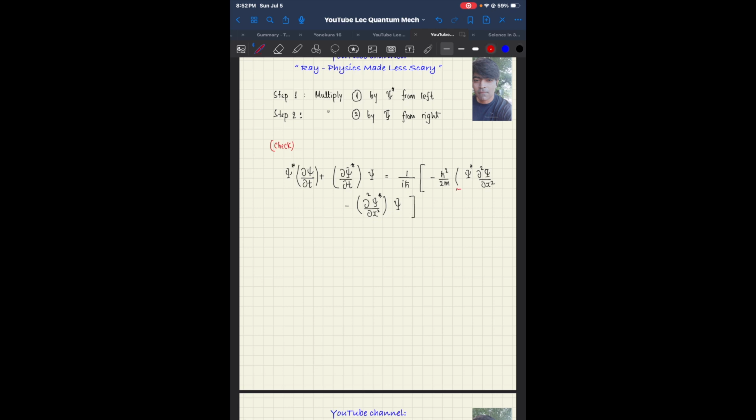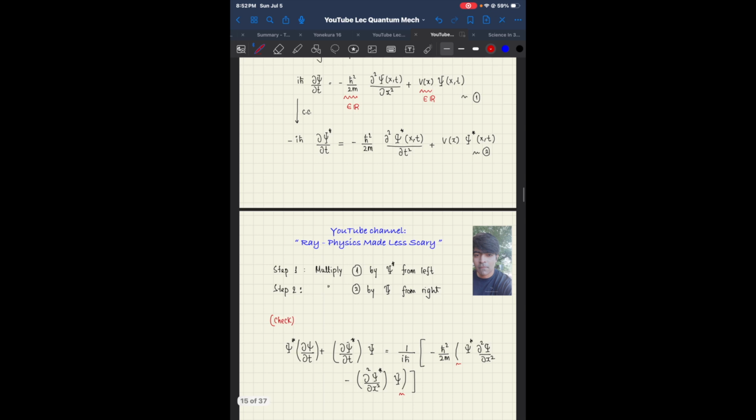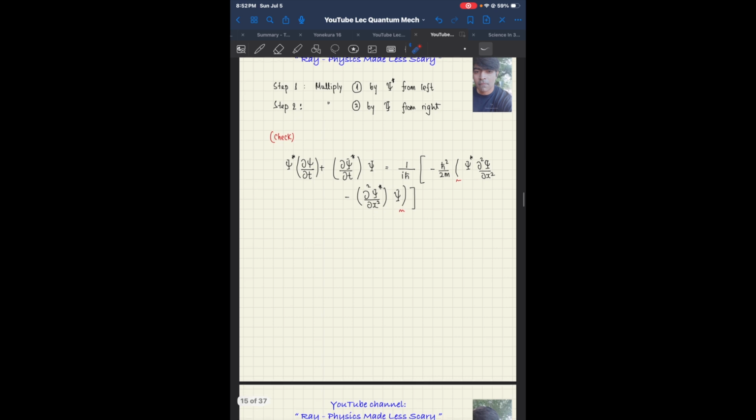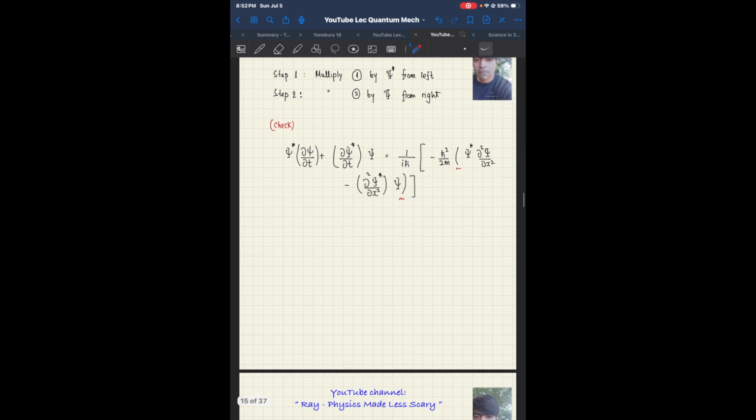This bracket is this bracket. Okay, this is a one line check, I've literally told you the algorithm, how to get this. The point being that this term cancels, that's all. This one cancels.